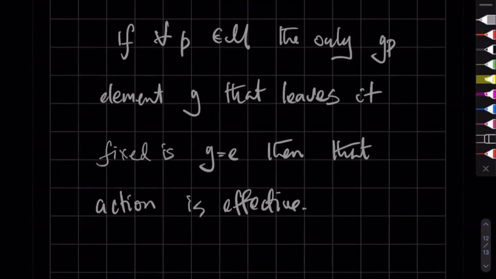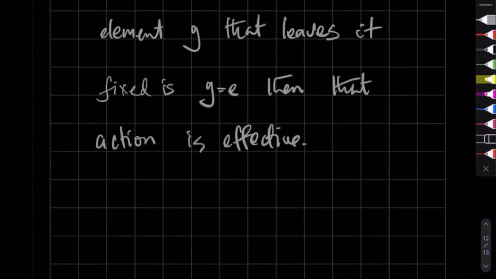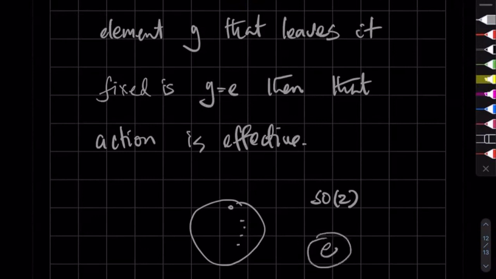For all the points, there are some points like the North Pole and the South Pole, which are fixed under the action of some elements, but those elements do not leave the other points fixed, right? Right. You might say the North Pole is left fixed under some SO2, but that SO2 does not leave these points fixed. So it's only E that leaves everything invariant. Okay, so it is effective.